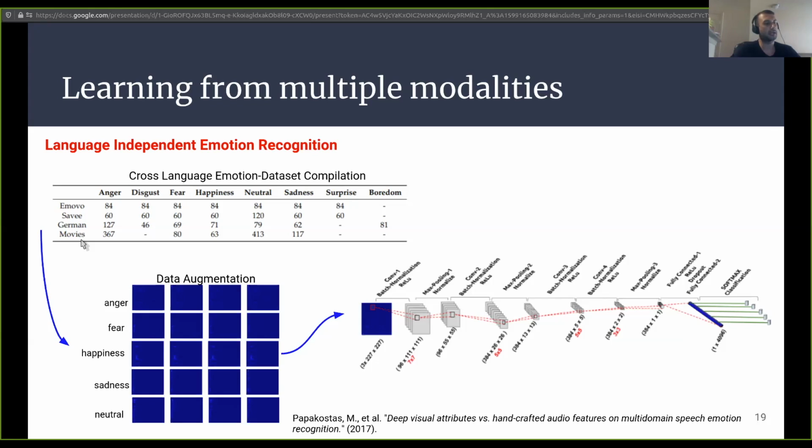Even though this approach at the time produced results directly comparable to state of the art, what was the most interesting was that even though we weren't able to use this model as a plug and play model in an emotion detection task, it was very clear that there were underlying similarities in the speech patterns observed in different languages that no human could observe just by listening to the samples.